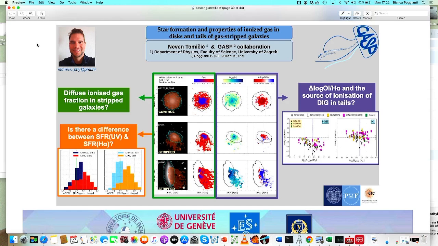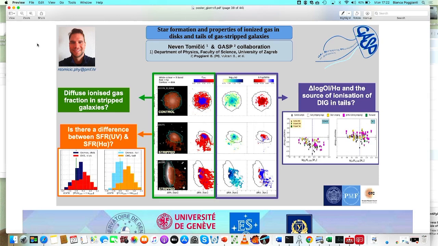Among many results, the interesting one is that the source of ionization of the diffuse dominated areas is probably coming not from the young stars in star-forming regions, but rather from probably mixing of the interstellar and intracluster medium.